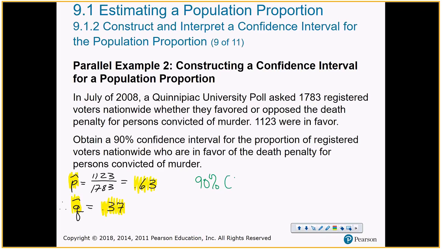90% confidence level gives us alpha equals 0.10 and alpha over 2 is equal to 0.05. So what is my z sub alpha over 2? What does it come out to be? Look on your card at a 90% confidence level. 1.64.